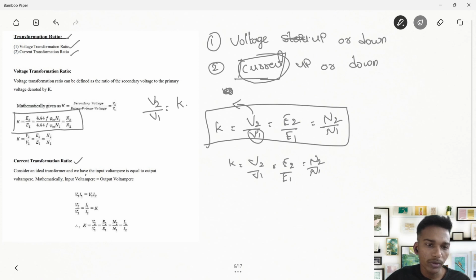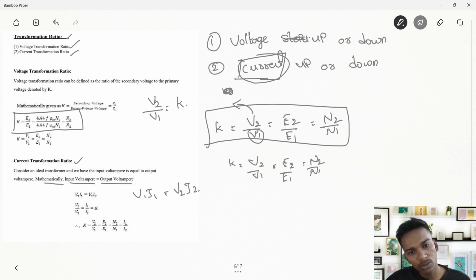Now the current transformation ratio. Consider an ideal transformer where the input volt ampere is equal to the output volt ampere. Mathematically, V1 I1 equals V2 I2. In the sense that we don't have any losses in the transformer. Whatever energy is supplied goes out from the transformer.